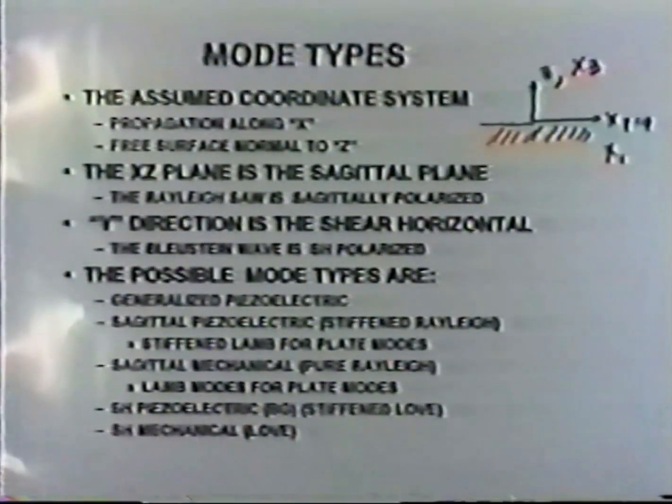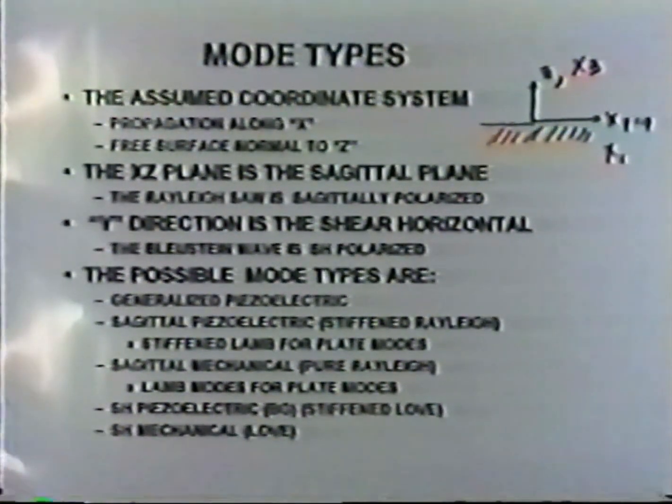Now, the XZ or X1, X3 plane is the sagittal plane. I did mention that in the first lecture. And when we talk about a Rayleigh surface acoustic wave, strictly speaking, we should be talking about a sagittally polarized wave. Now, this is not universally adopted, so it just happens to be my preference.